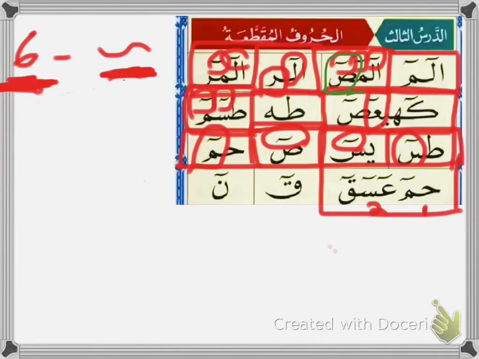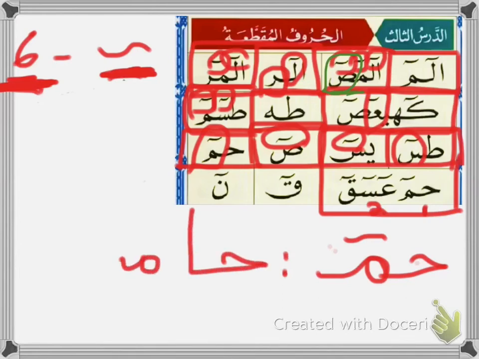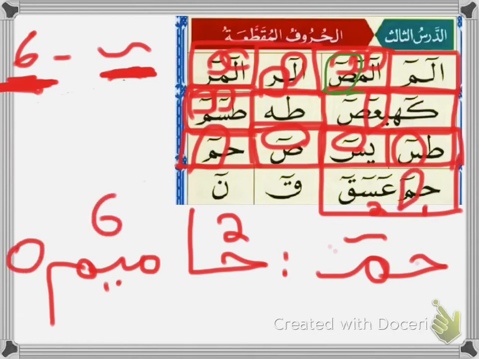The first ayah is Ha, Mim. Ha is 2, Mim is 6, as we see here. And we stop. This is ayah number 1.